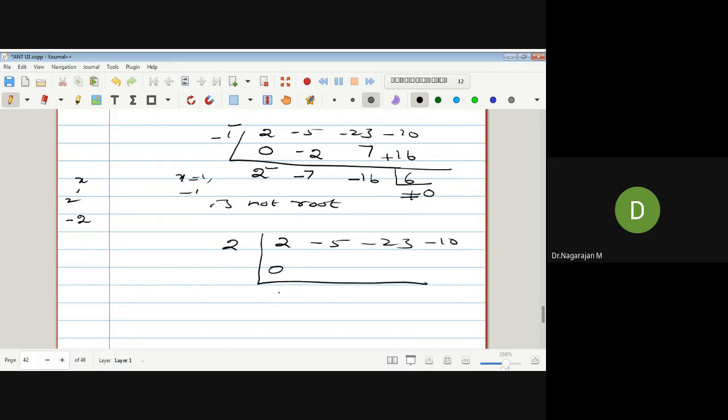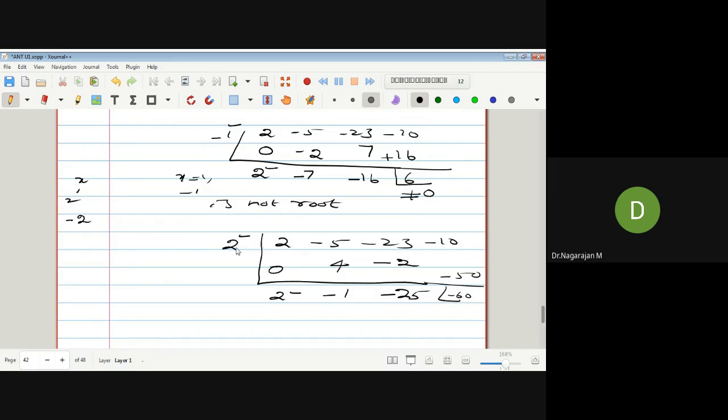Then 2 plus 0 is 2. 2 into 2 is 4, and I put 4 here. Therefore -5 plus 4 is -1. 2 into -1 is -2. Continuing, the end result is -60.